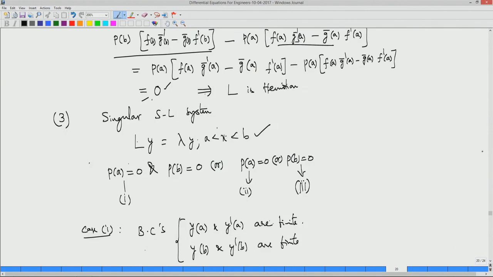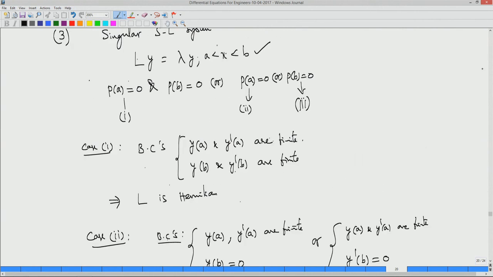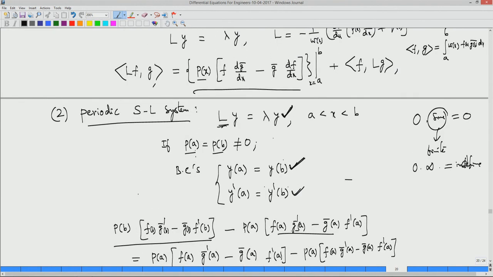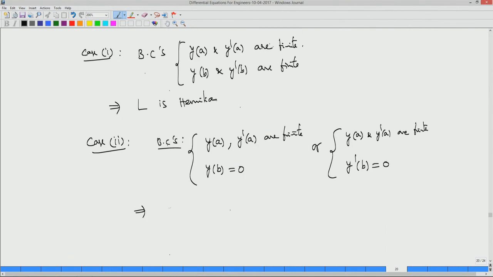So, you can give two boundary conditions: y at B equal to 0, with the same boundary condition for the first one, y of A and y dash at A are finite, or y dash at B is 0. So, either of these boundary conditions will work to make this special term 0. So, L will be self-adjoint, and this again implies L is Hermitian.